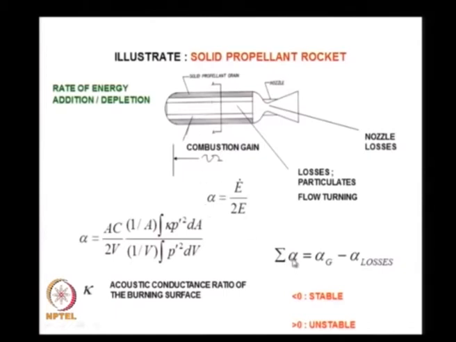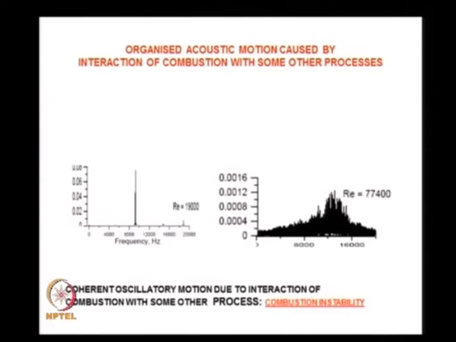And if the net value of alpha is less than 0, we say that the motor is stable because the energy in the waves is less, or the pressure amplitudes keep decreasing, while if it is greater than 0, the motor becomes unstable.